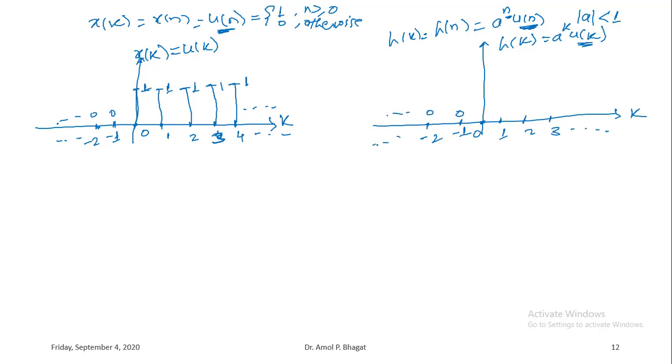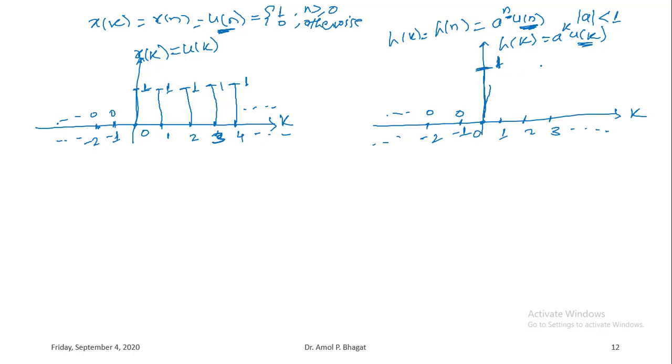So how will this be plotted? We have already seen the plotting of this exponential sequence when we covered elementary discrete time signals. When you substitute k equal to 0, it will be a raised to the power 0 multiplied by 1, because u of 0 is 1, and a raised to the power 0 is 1.